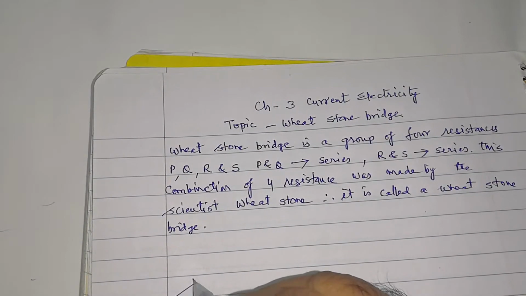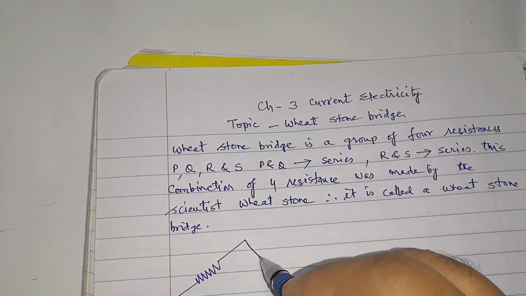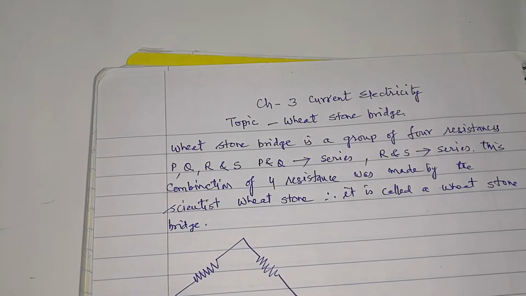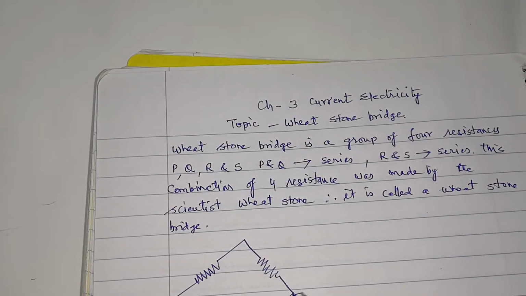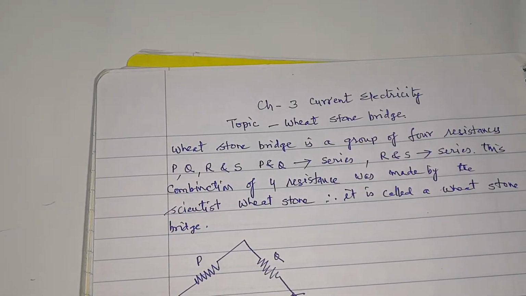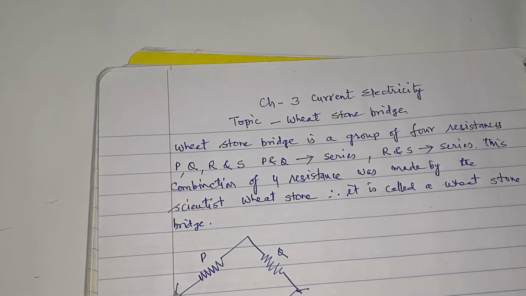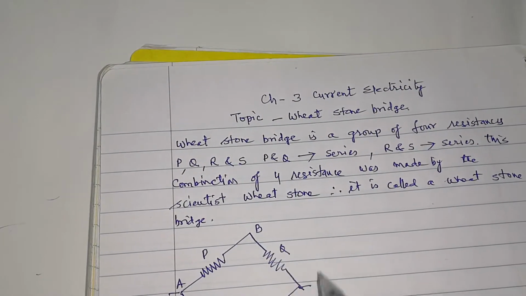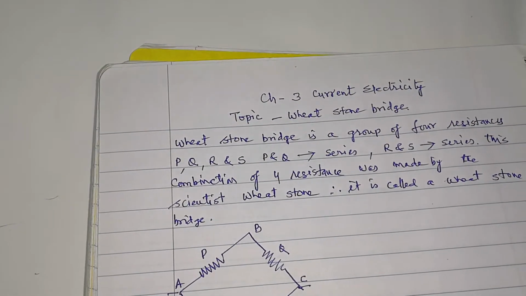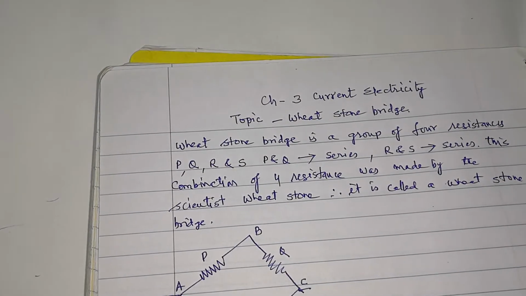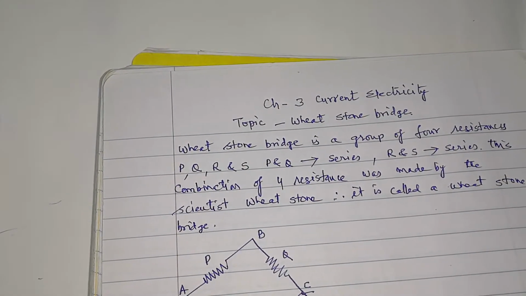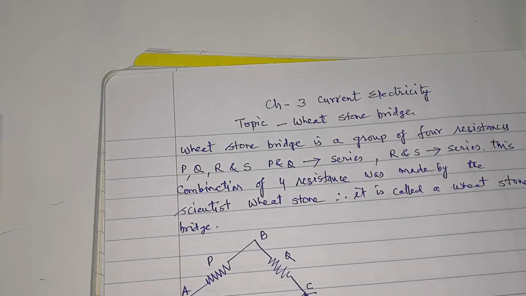So the diagram is somewhat like this of Wheatstone bridge. Like this: P, Q, R and S. Let me mark these as A, B, C and D. Now you find that in order to provide the current in the Wheatstone bridge, we have one battery with a plug key.